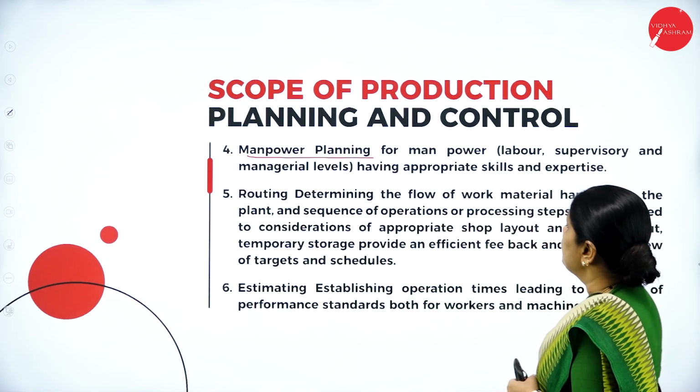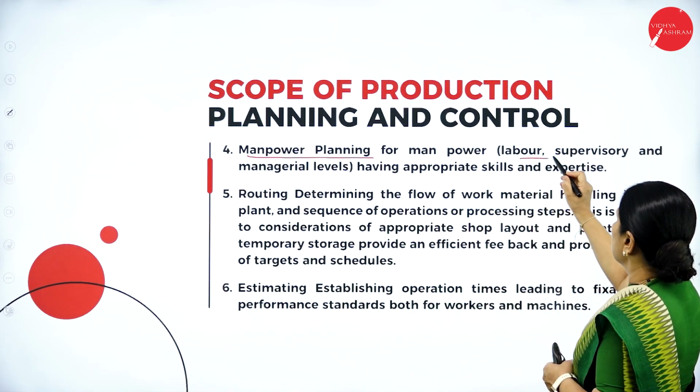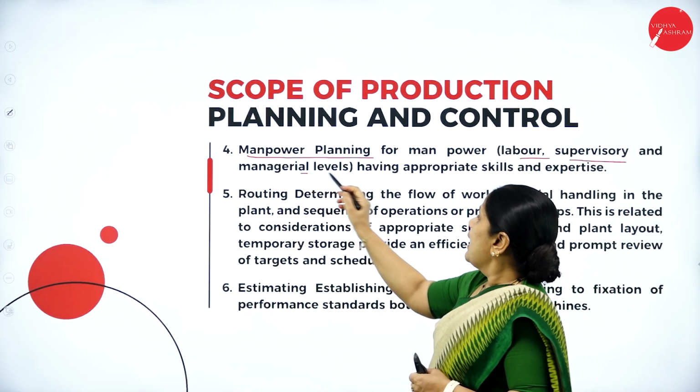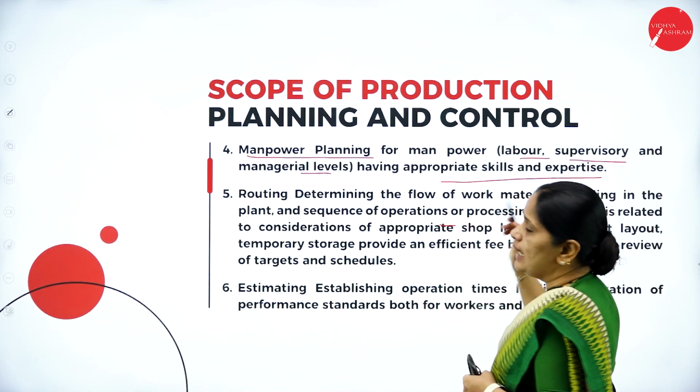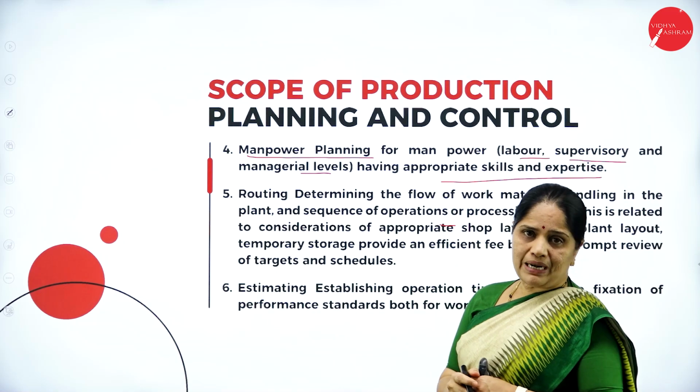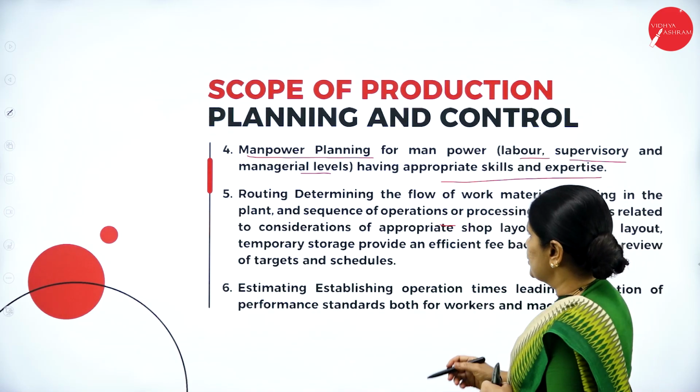So what is the manpower planning? What is the labor you need? What are the supervisory and managerial levels, having appropriate skills and expertise? So this we have to plan for manpower in case of a production house.